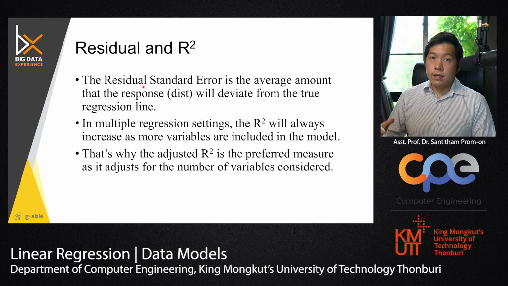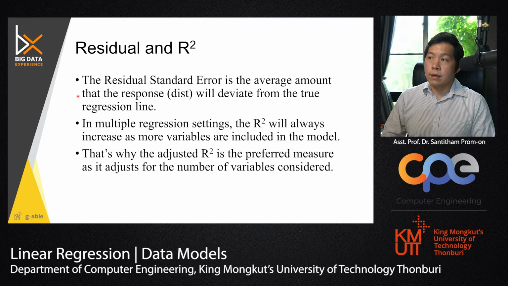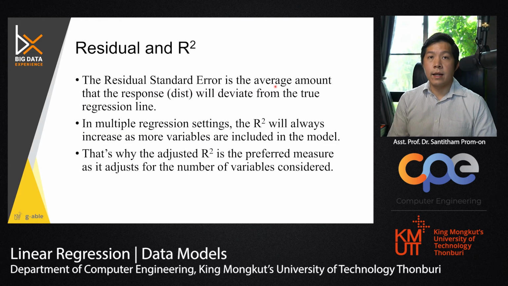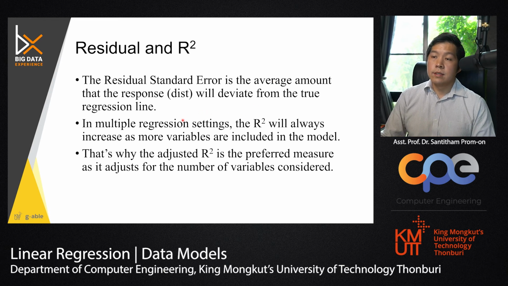And down at the bottom here, you get the values of R-square and residual. Residual values indicate the average amount that the response deviates from the true line. So basically, it tells you the average error of the prediction from the data.